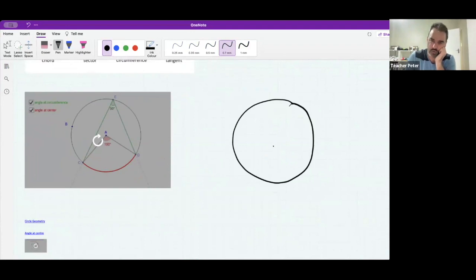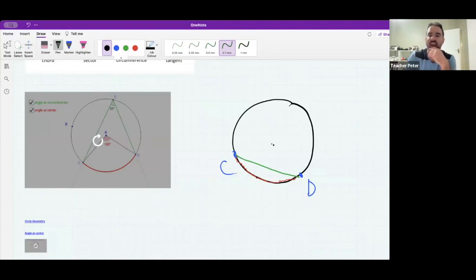So I'm going to draw a circle and choose 2 points on the circumference, and I'm going to call them C and D. Now, I can connect C and D either by using the arc CD, or I can draw a chord CD. The only difference is that a chord is a straight line, an arc is a curved line.